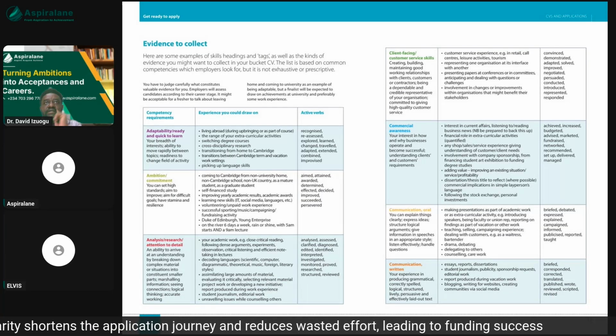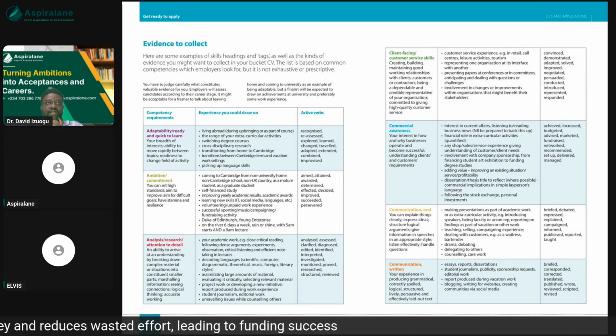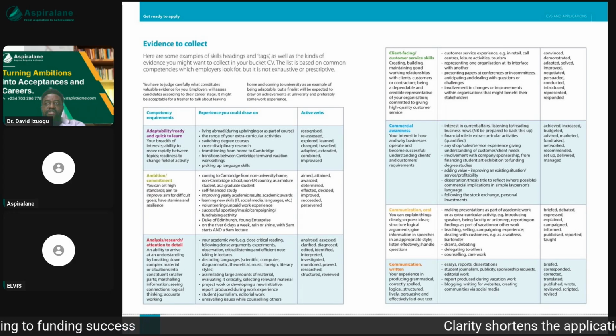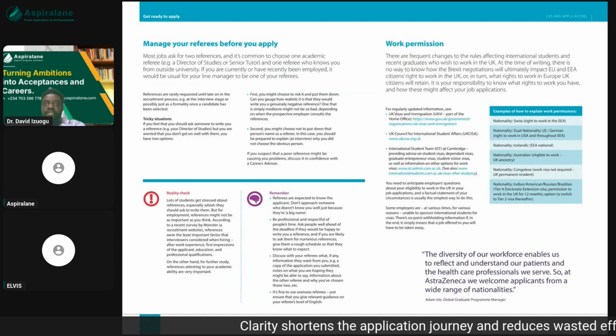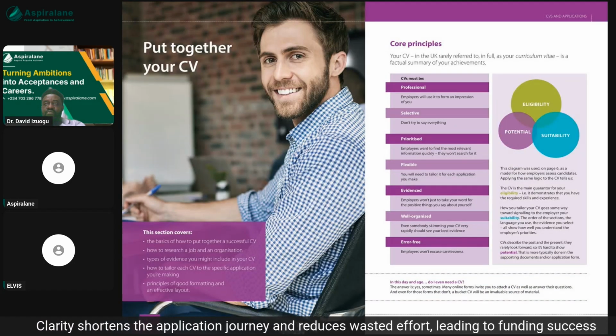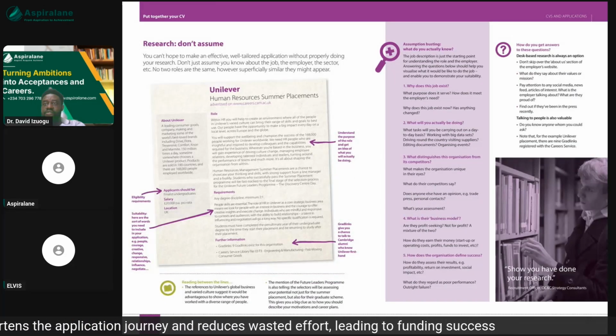And then this guide went ahead to talk about competency requirements and the evidence you need to collect in order to make a good CV. And then we provided you with some nice templates.